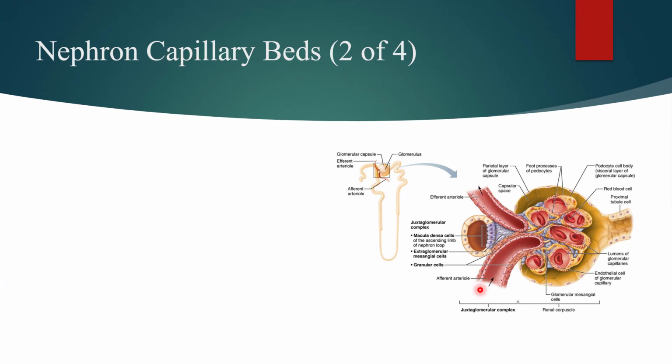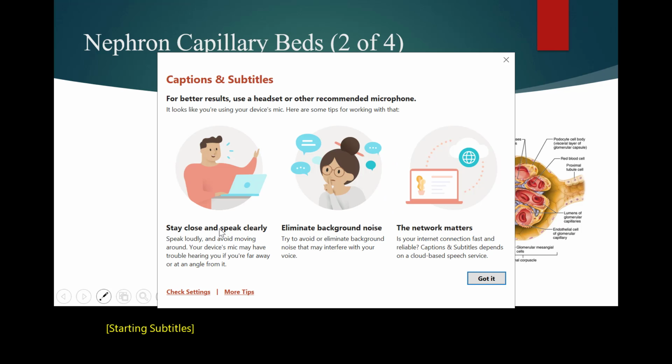Oh, okay, so you could see that right here. Oh, I forgot to mention that inside one of the capillaries in the nephrons is your glomerulus. This is actually a glomerulus, which is part of the nephron.